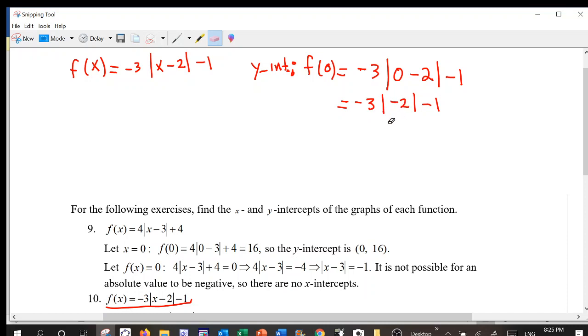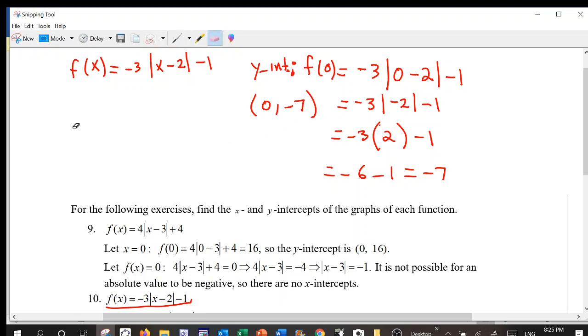You have to do this operation first. So that's negative 3. What's the absolute value of negative 2? Positive 2. Now you can multiply, because we are not allowed to multiply inside the absolute value. This is negative 3 times whatever the value of the absolute value is. This is not a parenthesis. Now you can multiply. So that's negative 6 minus 1, which is negative 7. So the y-intercept is (0, negative 7).